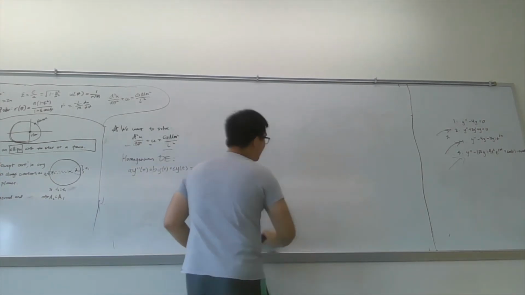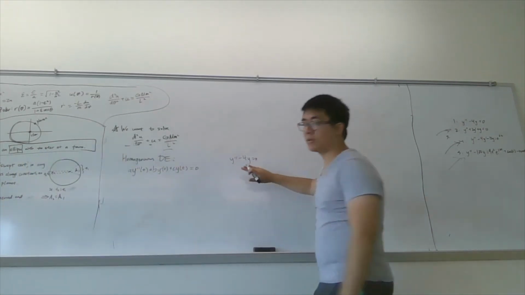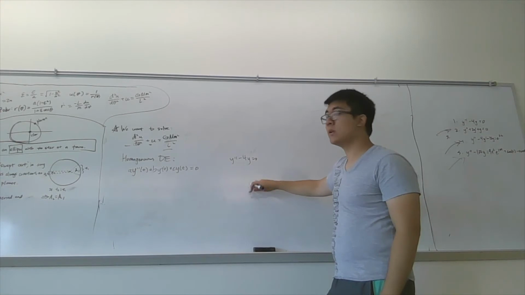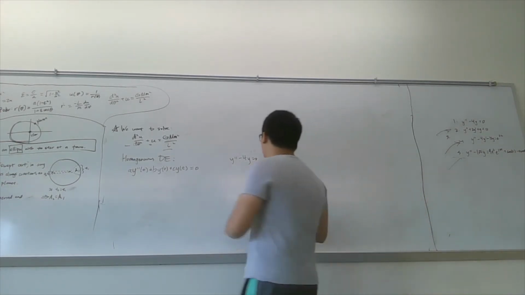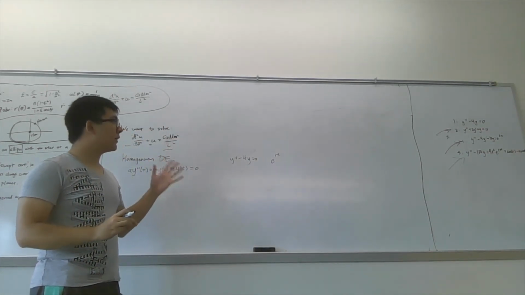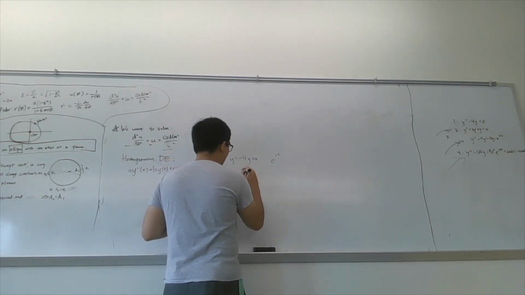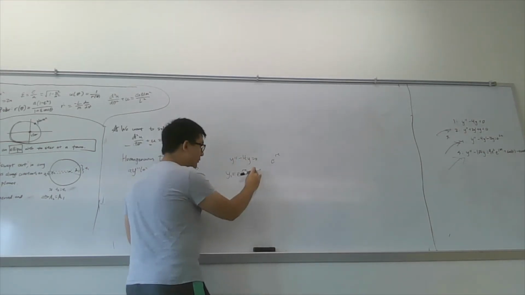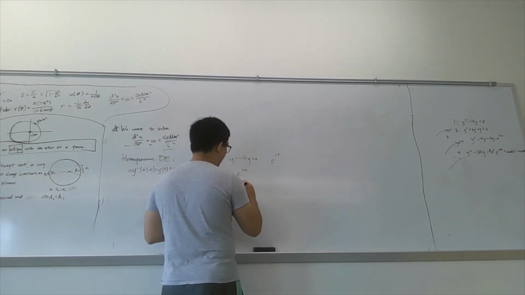But there in fact does exist a function that suits this differential equation, and that is the exponential function. So let's assume there exists a solution in the form of an exponential function. Let's plug it back into here to see what r would have to be.